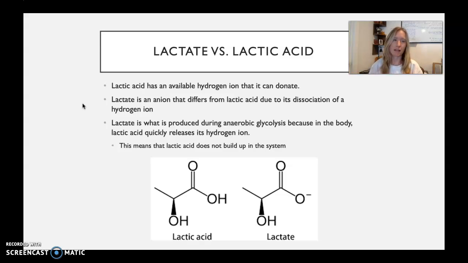Lactate is what is produced during anaerobic glycolysis because lactic acid quickly releases that hydrogen ion that then has to be buffered, so it doesn't stay lactic acid very long. And we can see in this picture the difference. Lactic acid has the extra hydrogen, and lactate does not have that hydrogen anymore.